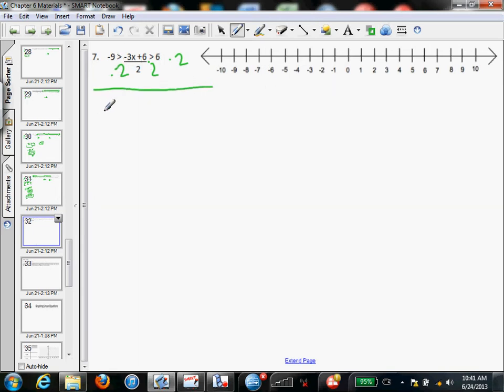Negative 9 times 2 is negative 18. We did not do anything with negative numbers, so keep our inequalities as they were. Doing the multiplication of 2 times that fraction will just leave us with what's on top, negative 3x plus 6, and then our inequality will stay the same, and then 6 times 2 is 12.